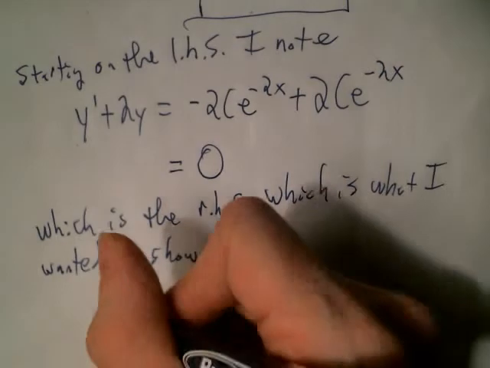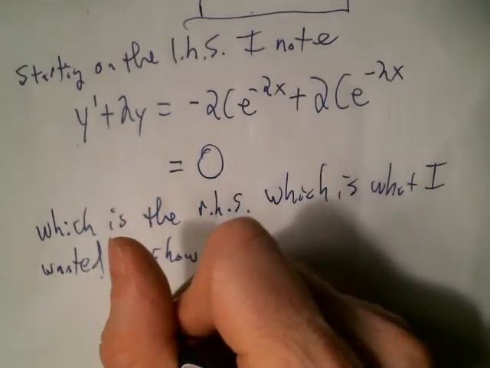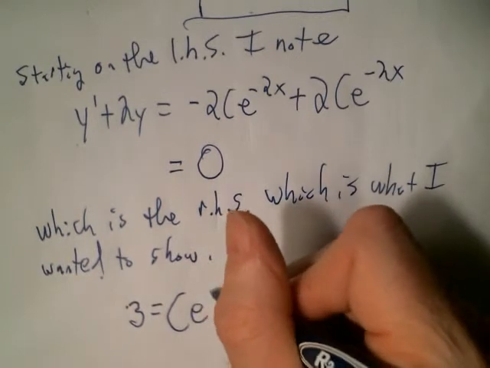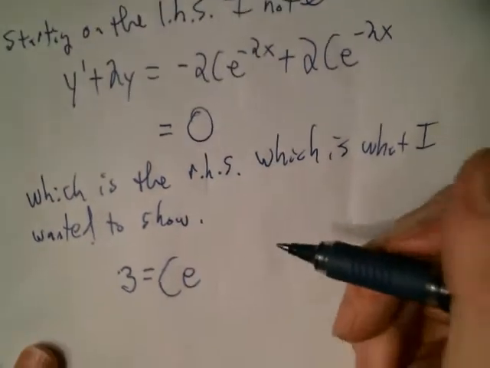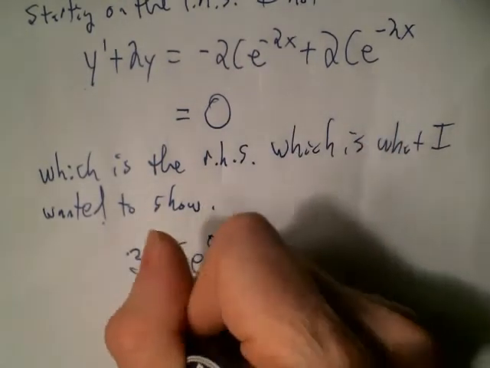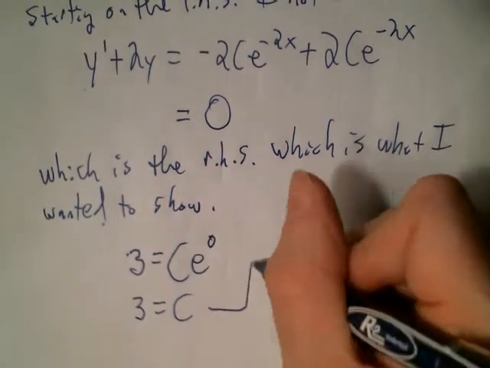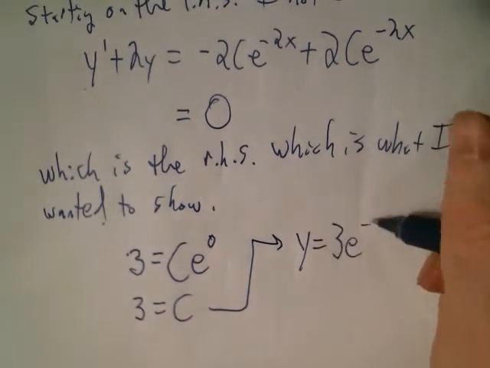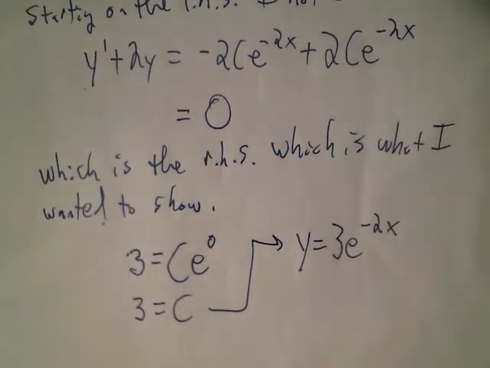All right, so let's try that. y is 3. x is 0, so c e to the negative 2 times 0 is c e to the 0. So 3 equals c. And then our particular solution is y equals 3e to the negative 2x.